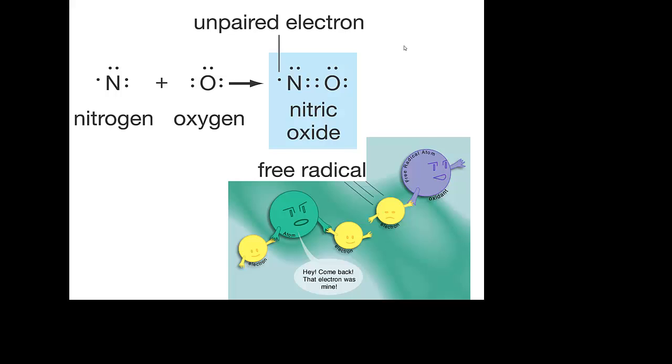So in this case, looking at nitric oxide, it has one electron right here that it would love to have. And it doesn't care where it gets it. So in your body, these free radicals will actually move around your body and steal electrons from the compounds that make you up.